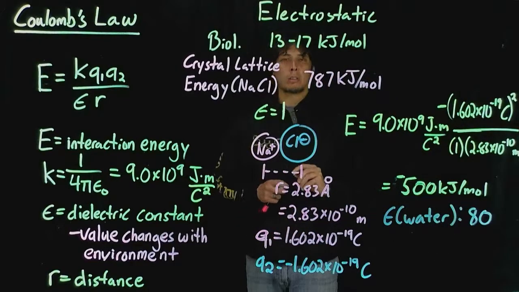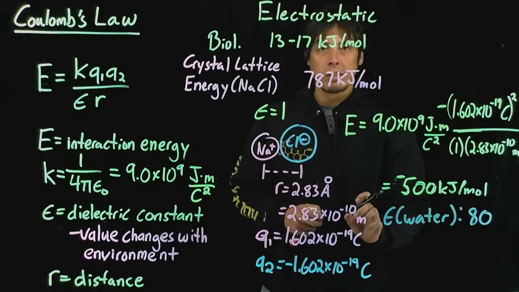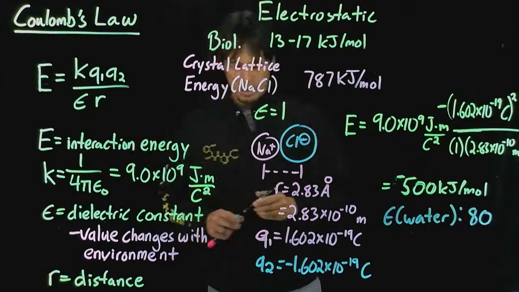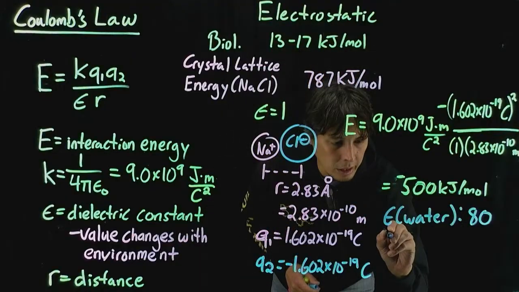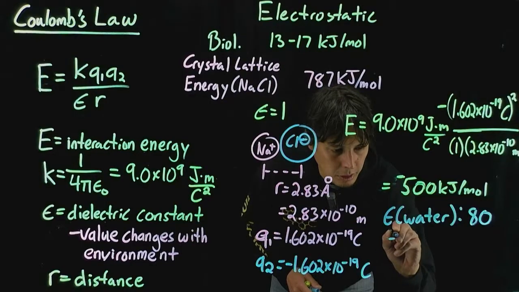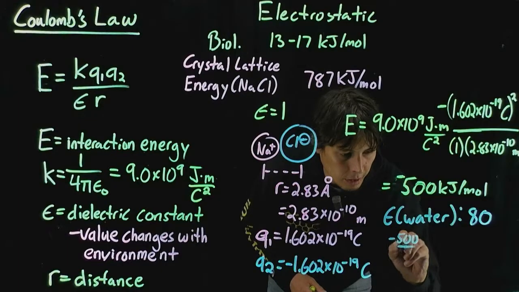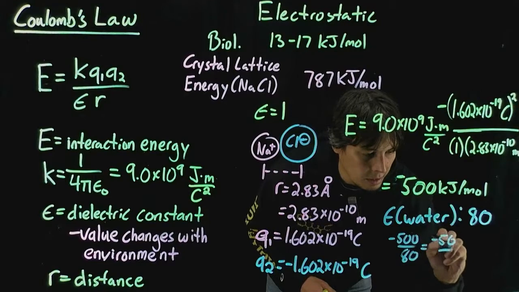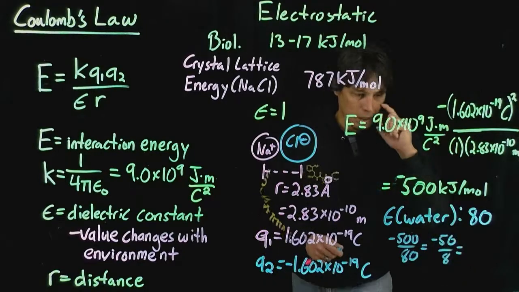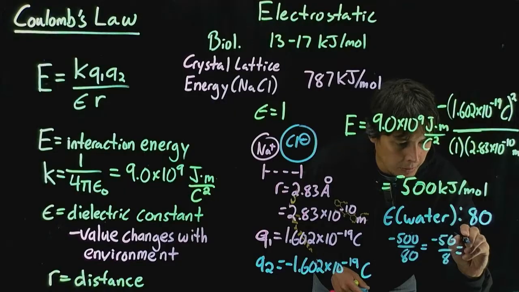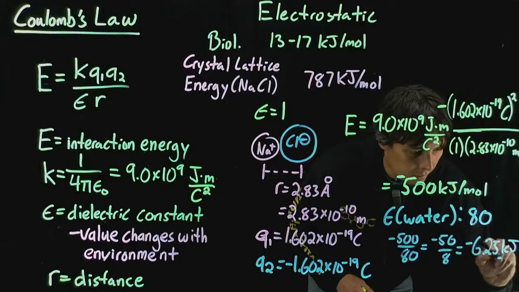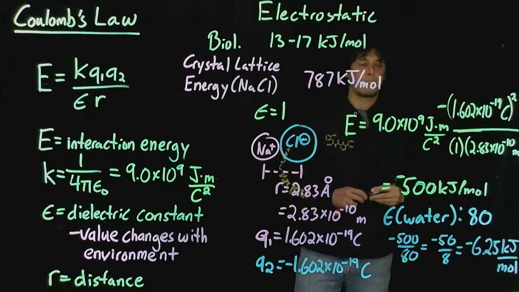What that means is that this interaction is divided by 80 instead of divided by 1, according to this equation. So when we do that, we get negative 500 divided by 80, so negative 50 divided by 8, that's about 6 1/4. That is negative 6.25 kilojoules per mole.